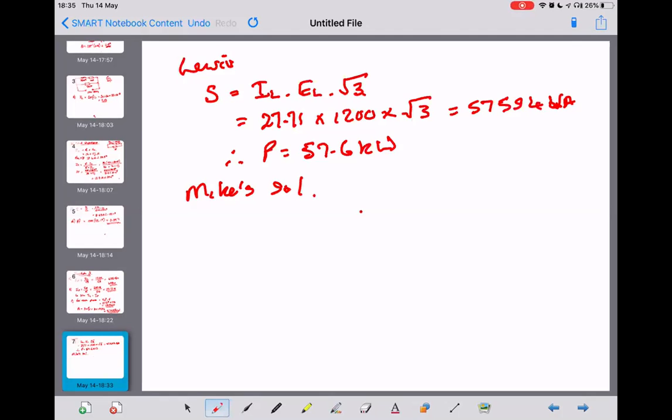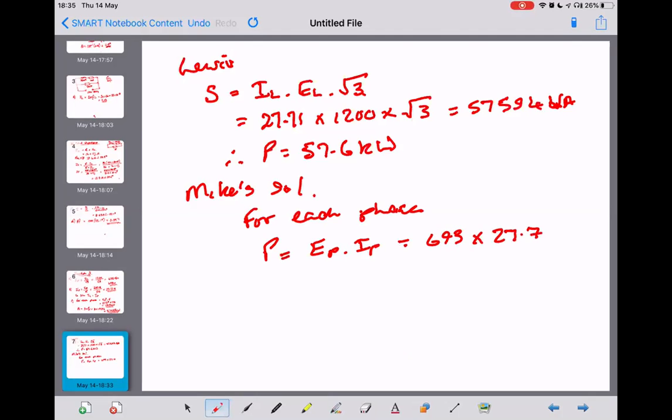Okay. So it doesn't matter. I've gone for each phase. P is E phase times I phase. That's 693 times 27.7. I rounded that bit, yeah. I think that's what you've got.